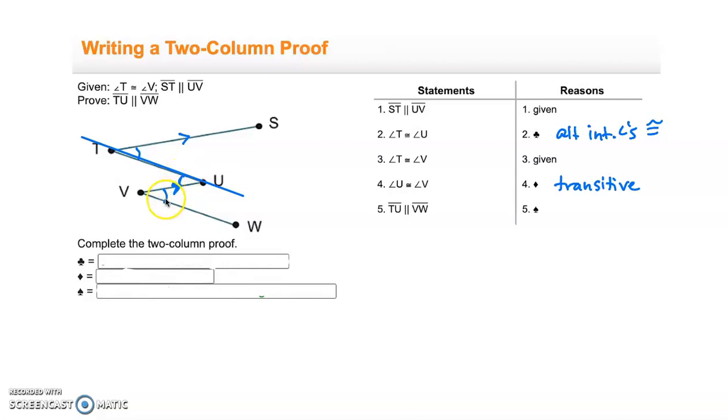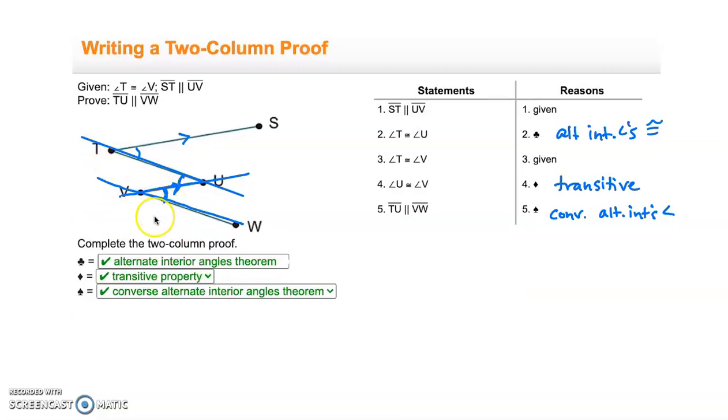And when we know these two are congruent, how does that make TU and VW parallel? Well, let's take a look. If we have TU and VW, now VU is our transversal, and what type of angles are those? They're alternate interior angles as well, so if we use the converse of the alternate interior angles theorem, then that will tell us that TU is parallel to VW.